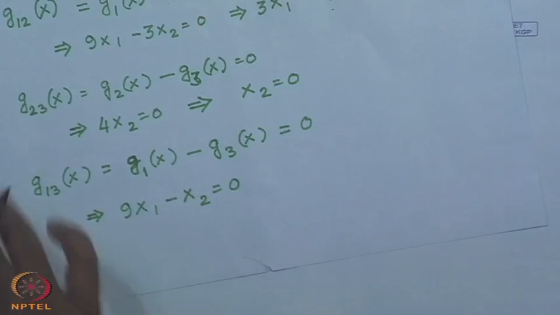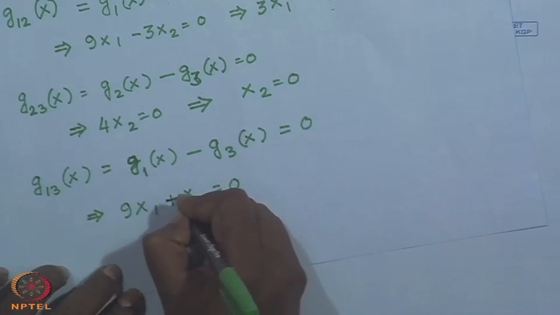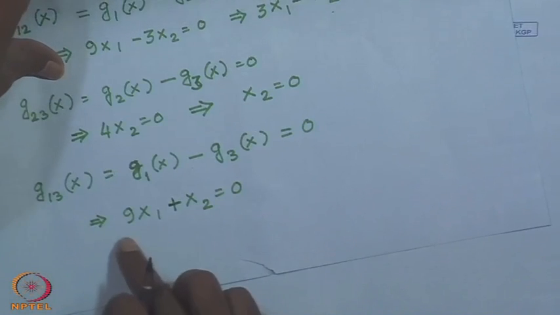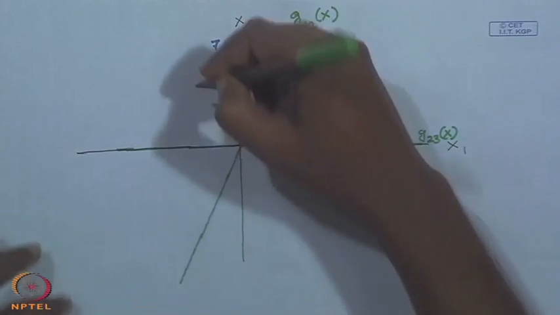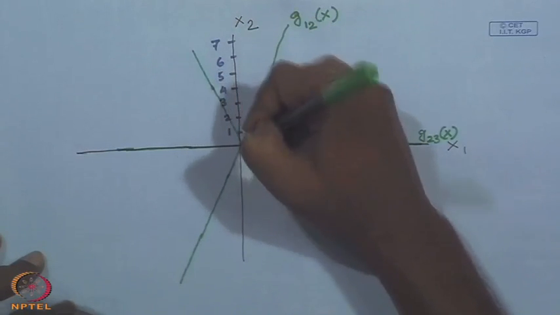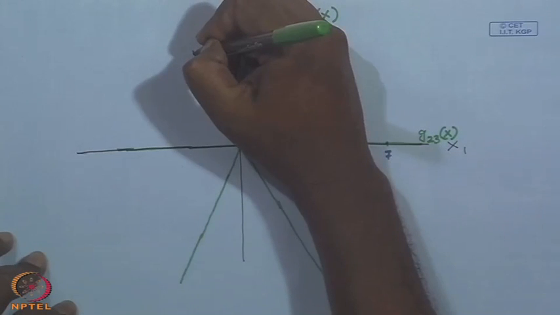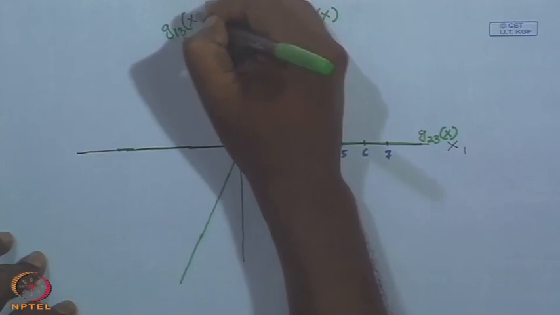So, this is 9x1 plus x2, not minus. Okay. So, if I plot this decision boundary on the same graph, you find that this plot will be something like this, where this is G13(x).